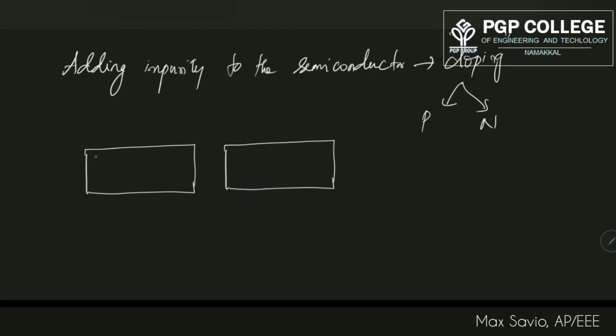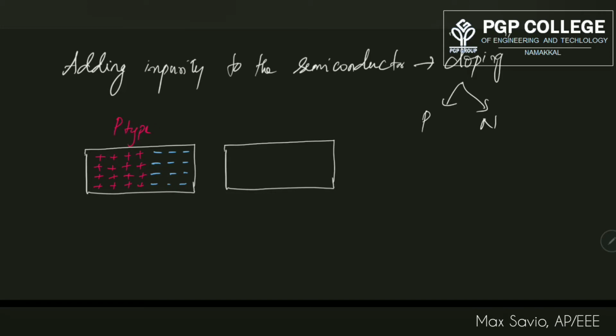When I dope it here, it becomes p-type. In the p-type semiconductor, positive charges are high compared to the negative charges. As you see here, the negative charges are fewer compared to the positive charges, so this becomes p-type.